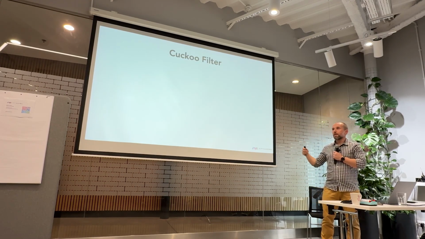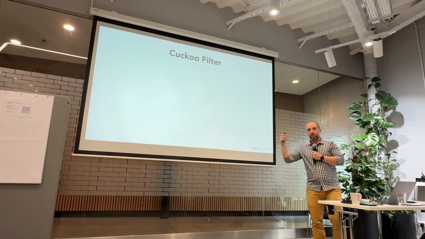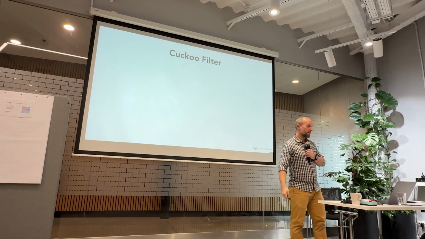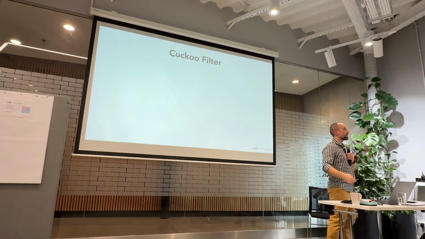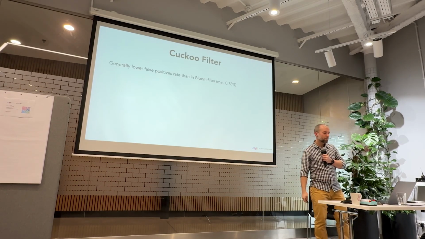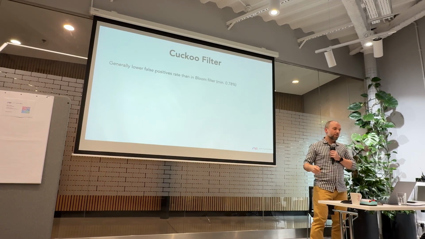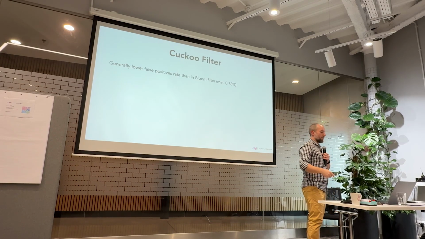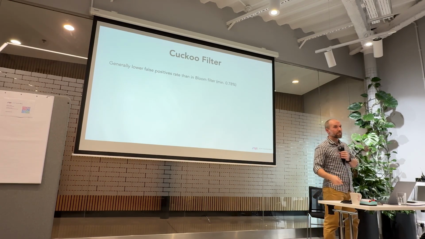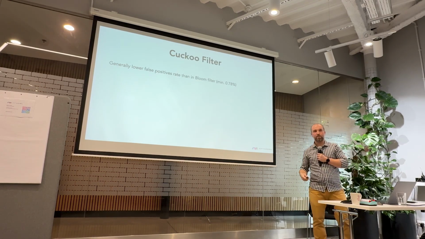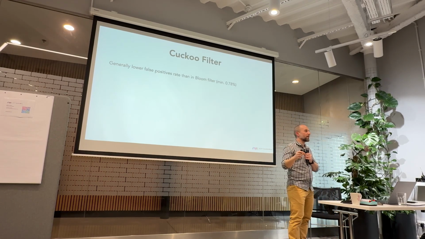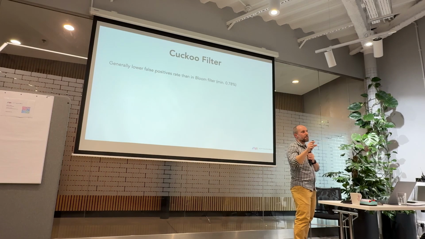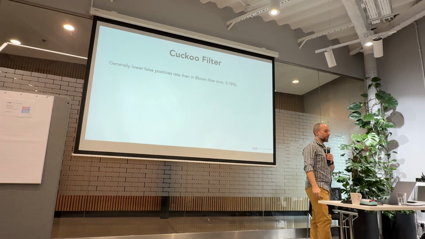Because it keeps the fingerprints, not flipped bits, it's able to track the elements somehow. It generally has lower false positive rates than Bloom filters, because it stores the fingerprint, so it can compare and be more sure that the element has pretty much the same fingerprint as the one that we are looking for.